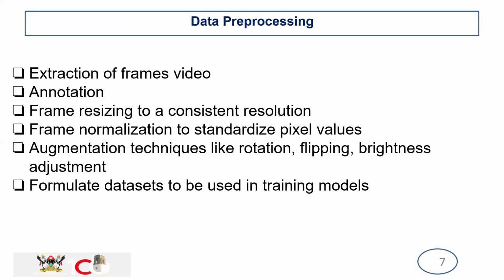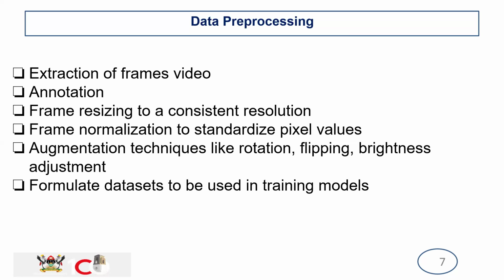Back to the data preprocessing, as I've already mentioned in the methodology explanation, the extraction of frames was done from the video, then annotated, then the frames were resized. But for me, resizing was done before annotation, and later it was also done after the labeled images were extracted.